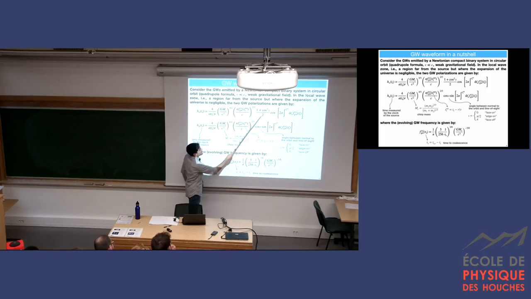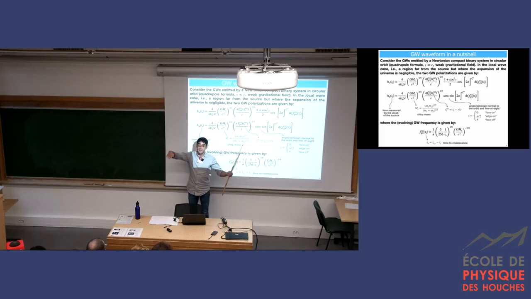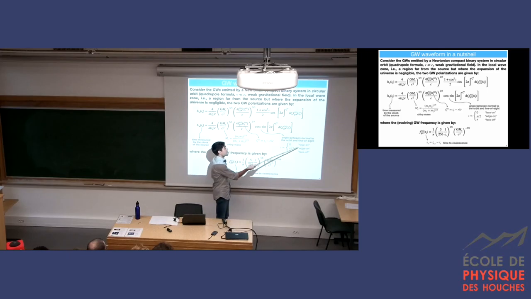Then you have other terms here. For example, we have these geometric functions of iota. Iota is a very important angle. It's the angle between the normal to the orbit of the binary system and the line of sight. So usually when you read a paper on gravitational waves, you may come across "we consider a face-on system" or "we consider an edge-on system."